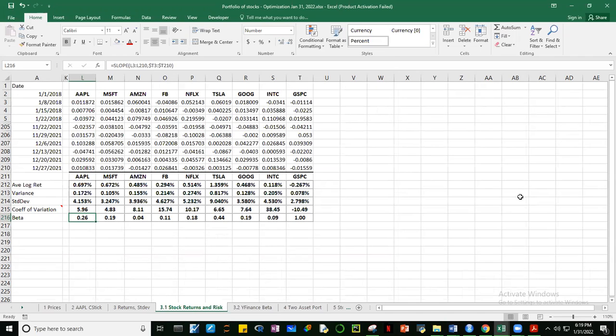So it's actually the slope. So if we plot the returns of the stock, let's say Apple and the market, which is represented by Standard & Poor's 500, the slope of that will actually give you your beta. But if you recall, guys, when we were computing this, yung beta ni Apple is 1.2. Pero sa atin, ang layo, 0.26.